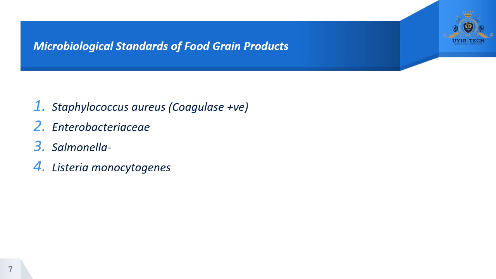Microbiological requirements or standards for food grain products. So the parameters that are associated with food grain products are Staphylococcus aureus, coagulase positive, ISO 6888, Enterobacteriaceae ISO 21528 part 2, Salmonella ISO 6579, and Listeria monocytogenes ISO 11290.